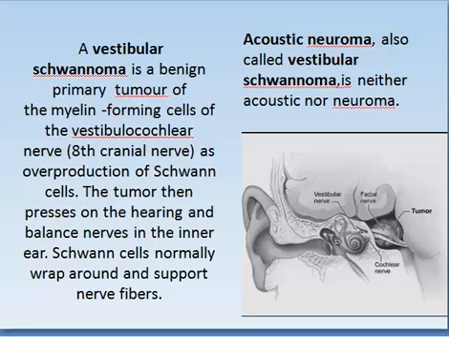It is a schwannoma from the cells around the nerve. So it is coming from the vestibular nerve sheath, the Schwann cells, and it is not coming from the acoustic nerve or nerve cells.